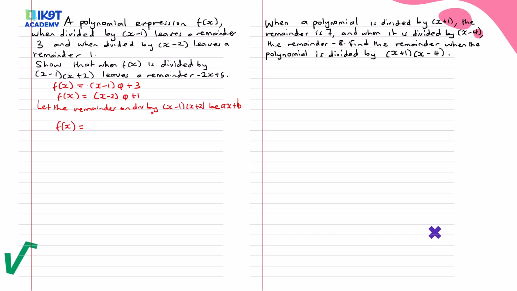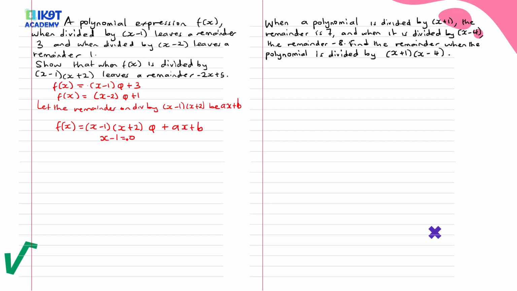We are saying let the remainder on division by this at the same time, with q as the quotient. Now the remainder will be ax plus b, which we don't know, and we're going to equate each of these factors to 0.